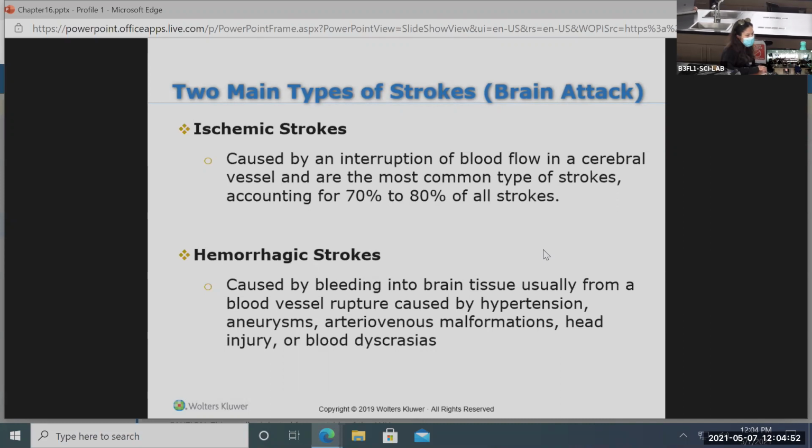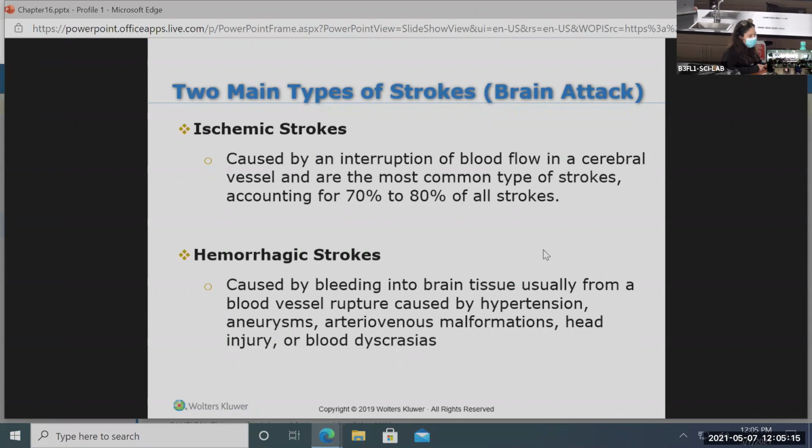Ischemic stroke is caused by interruption of blood flow in the cerebral vessels. These are the most common type of stroke, accounting for 70 to 80%, as already said. In the book, I think they said 13% belongs to hemorrhagic stroke. So remember, the rest belongs to hemorrhagic stroke.